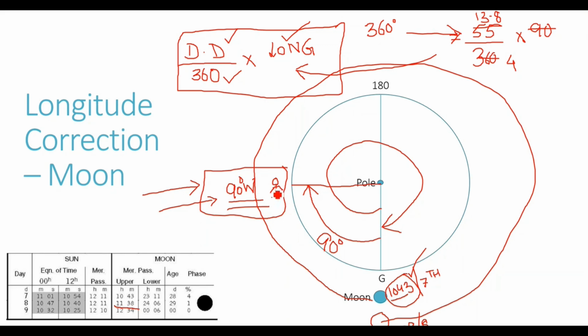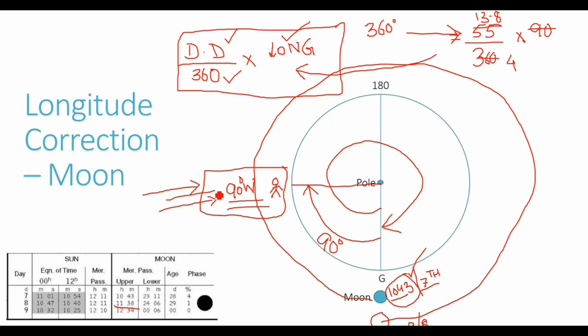Now we were trying to find it for the 7th. So if we find the daily difference, we will find it between 7th and 8th, because the meridian passage of moon at 90° west will occur after the marpass of moon at Greenwich meridian on 7th, and it will occur before the marpass of moon at Greenwich meridian on 8th.